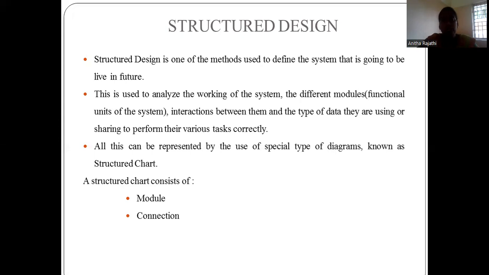Usually, the working system will be converted into a design, to analyze or find out the purpose of the system. If you take one system or one application, you will have a number of modules, like components. Every project will have different components, different modules, and every module will have its own properties.